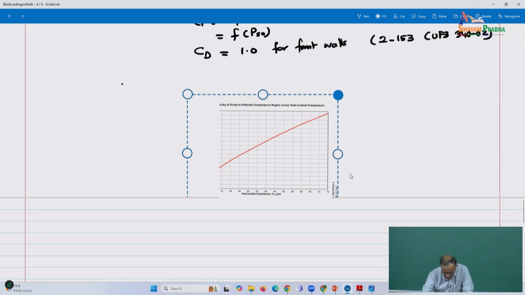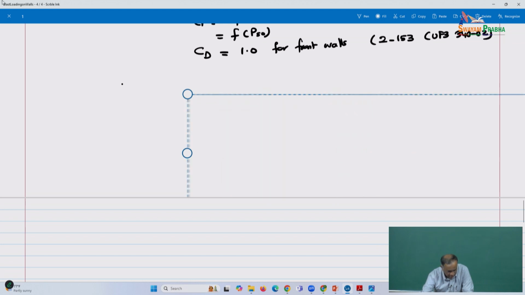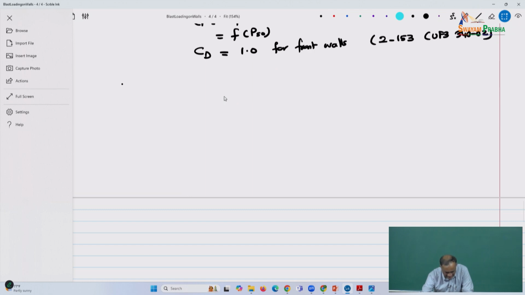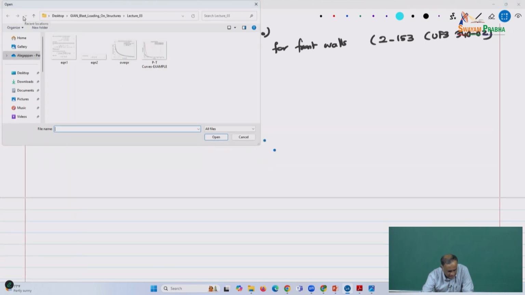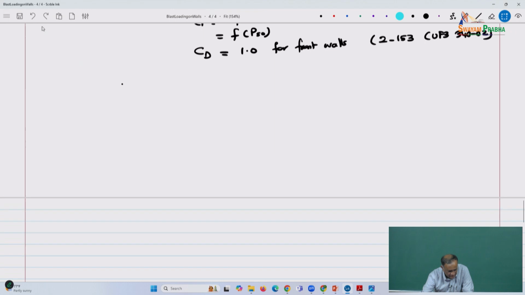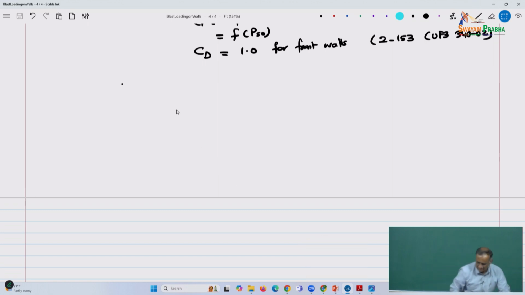Maybe it is there in the background, you think? So let me save this so that we don't lose that. Let me try one more time pasting it.